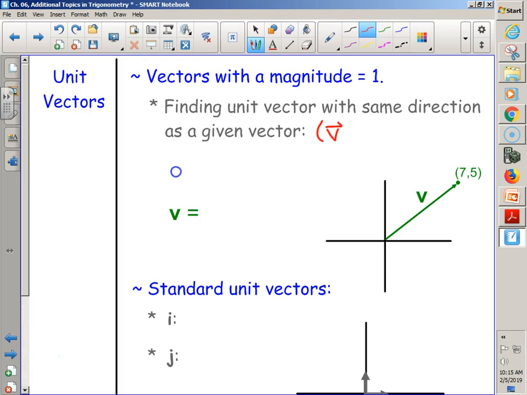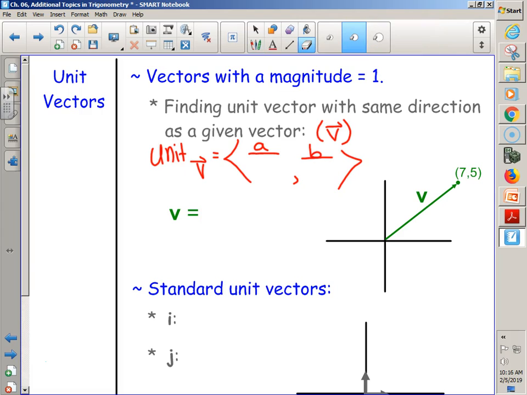The unit vector of v is equal to, if they give me a vector with components, if not, I'll have to find the components. But if they give me a vector with components, let me put that in parentheses up here so you know exactly what you're using.